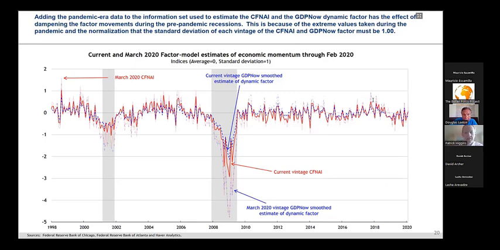Just one other point on this. Here the solid lines, the ones that aren't dated, are the current vintage estimates, and the lines that are faded are the estimates through February 2020 with March 2020 vintage data. So I'm not showing what's happening in the pandemic here.